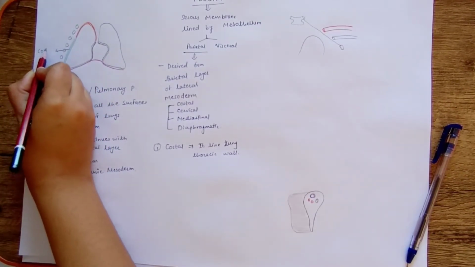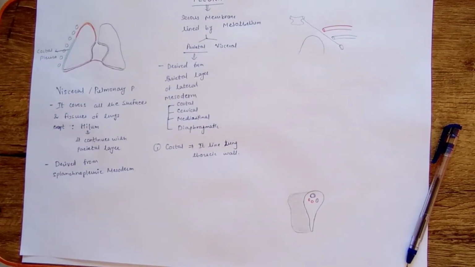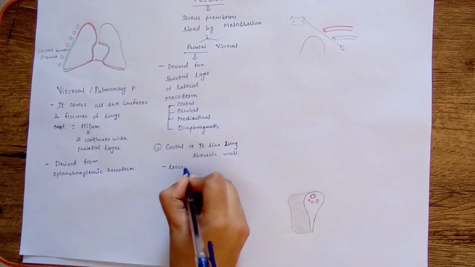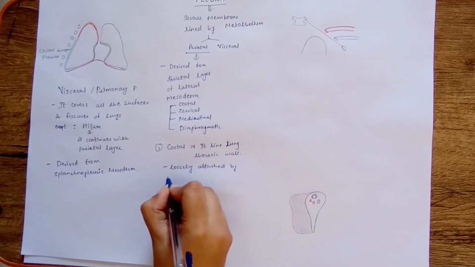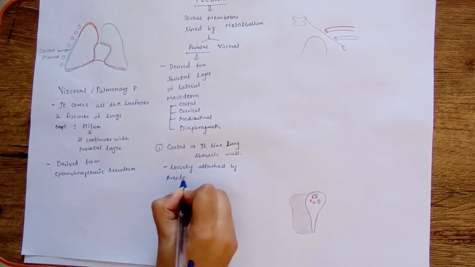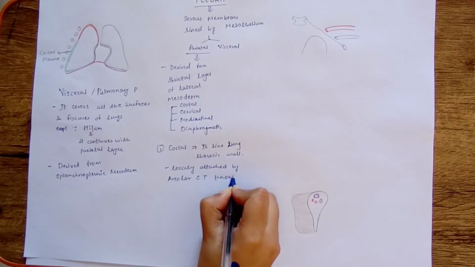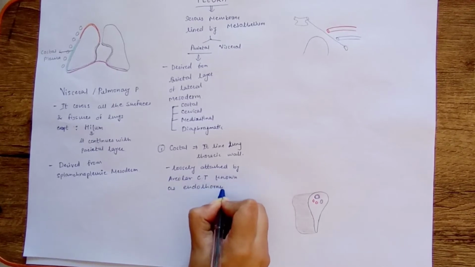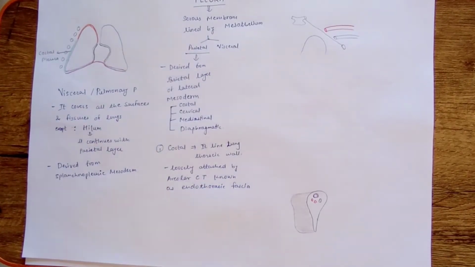This is the costal pleura. It is loosely attached by areolar connective tissue known as endothoracic fascia. So this is about costal pleura.